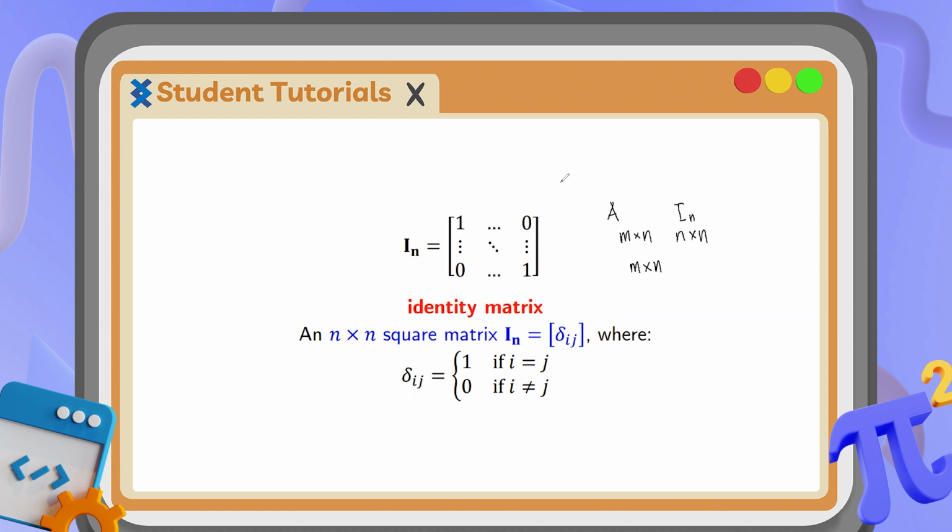And in fact, if your matrix is a square matrix, when you multiply A times an identity matrix, you'd still get the same matrix. That is up to you to play around with to determine whether this is true or not.